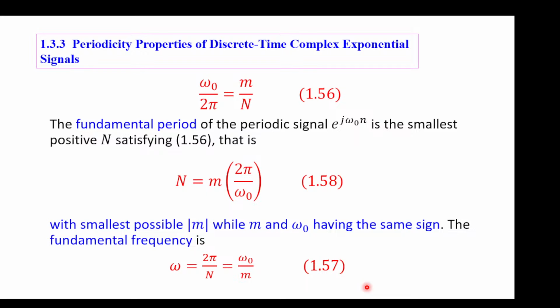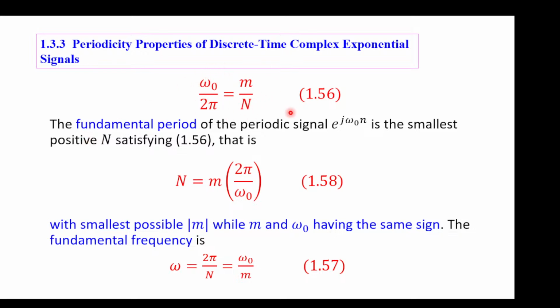This is the relationship for your signal to be periodic, and then you can find the fundamental period. The fundamental period is the smallest N that satisfies this equation.